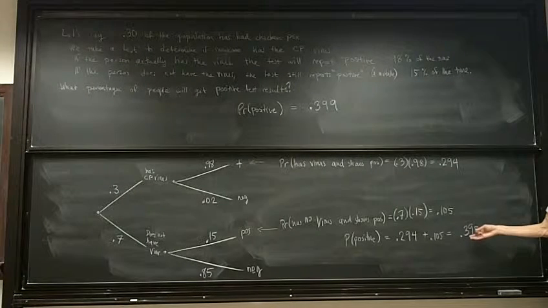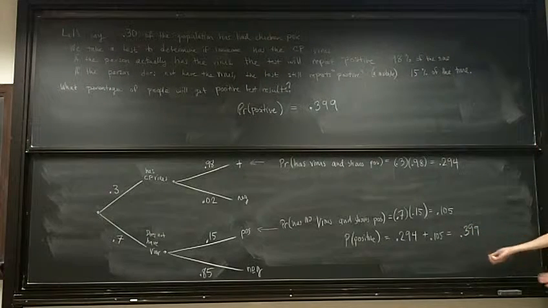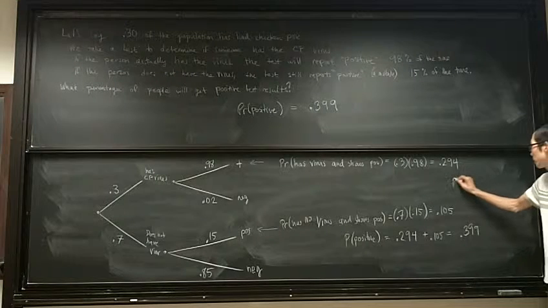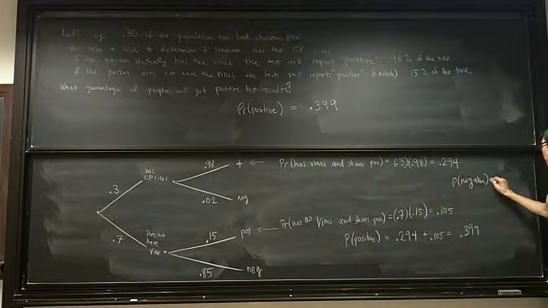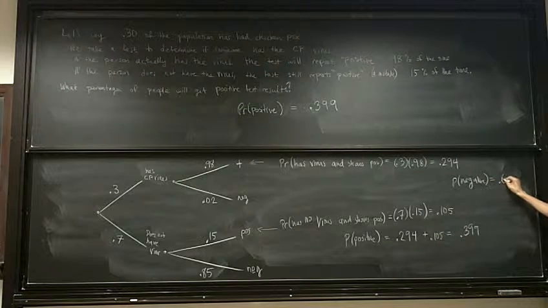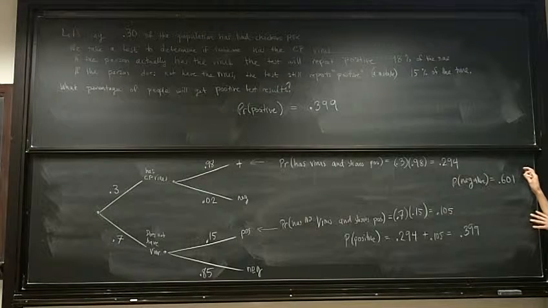So I could just do 1 minus 0.399, which is 0.601. So the probability of a negative test result is equal to 0.601. How are we feeling? Okay.